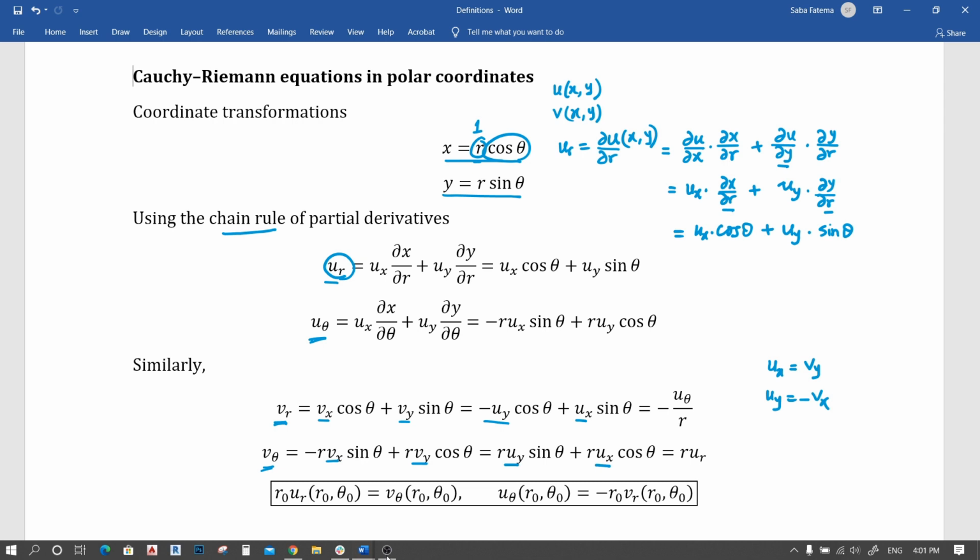And finally we get this form, that is v sub r equals negative of u sub theta over r and v sub theta equals r u sub r. So these two equations are the Cauchy-Riemann equations in polar coordinates.